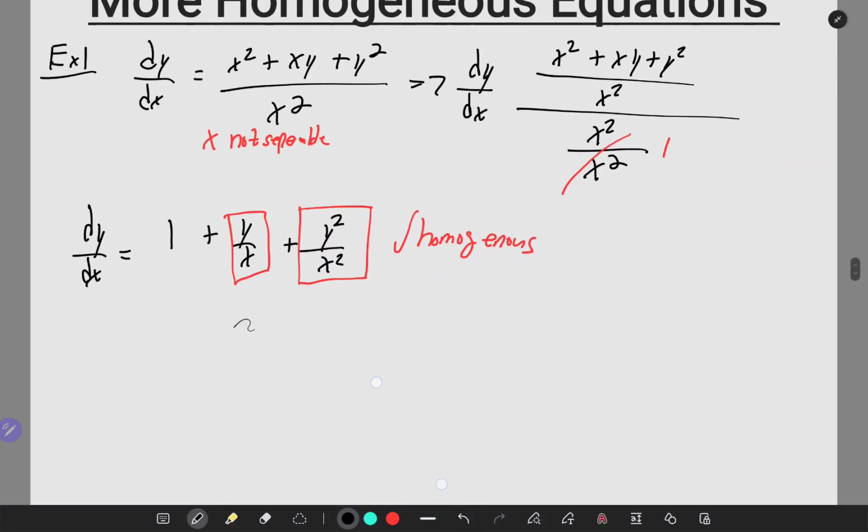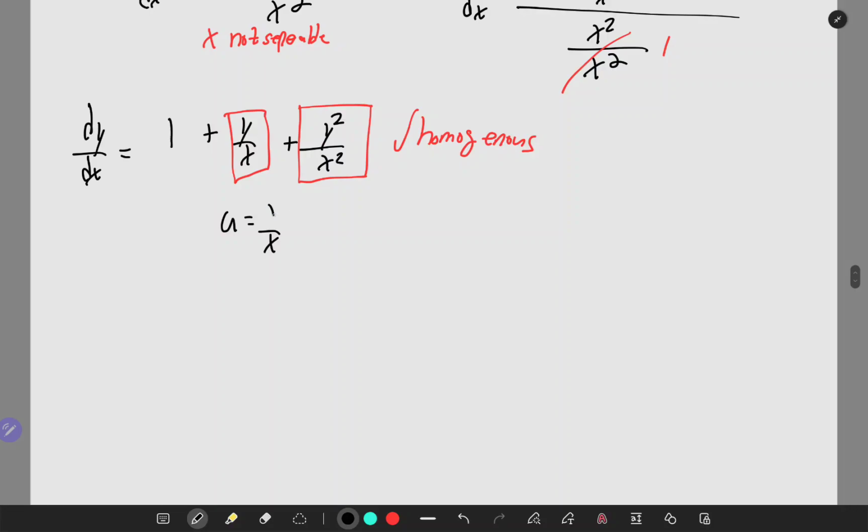So we're going to set u equal to y over x. We substitute it in, and let's do this real quick. y is equal to u times x. dy/dx would be, first times derivative of second, yep, u plus x du/dx.